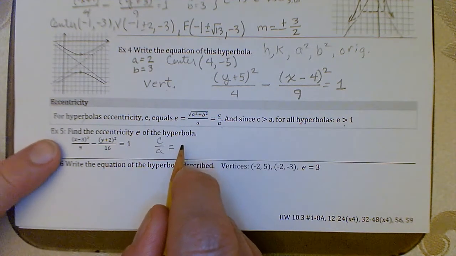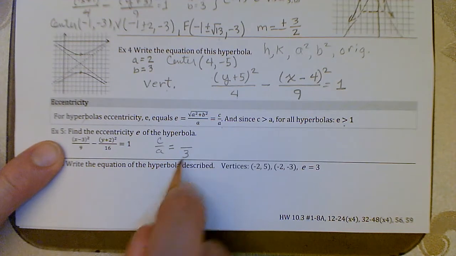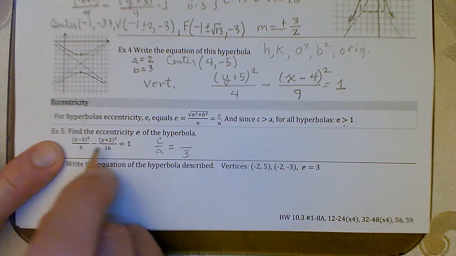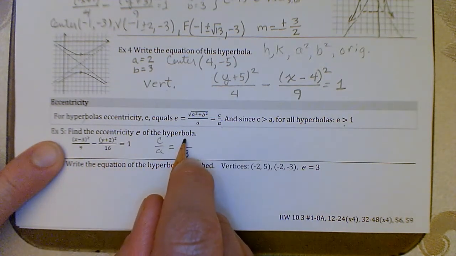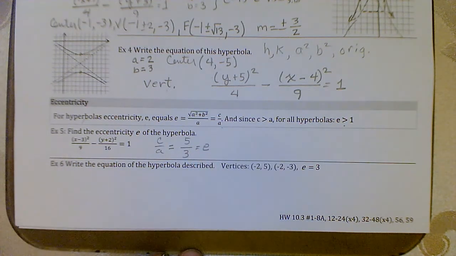We can find a, that's easy enough, that's 3, because this is a squared. And then c squared is the sum of these 2 things, so c squared is 25, so c is clearly 5. So e, the eccentricity, is 5/3.